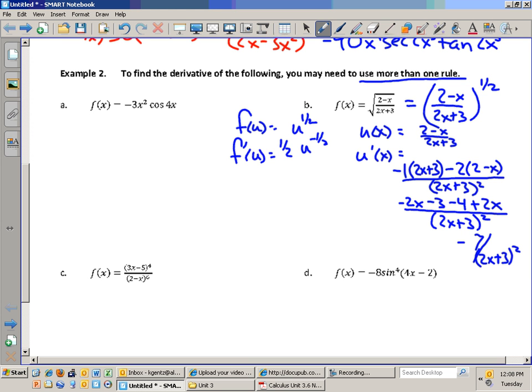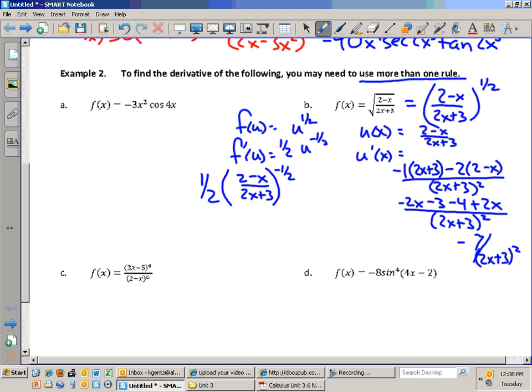So remember, what I want to do is I take f prime of u, multiply it by u prime of x, and I need to substitute u back in. So I'm going to write that out. 1/2 u to the negative 1/2, so 2 minus x over 2x plus 3 to the negative 1/2.